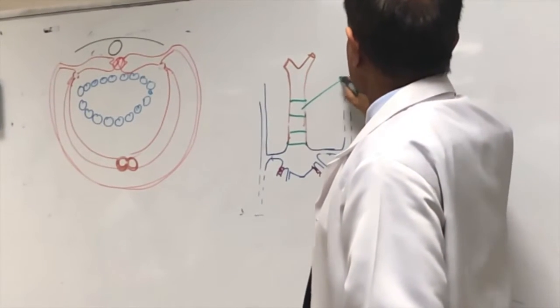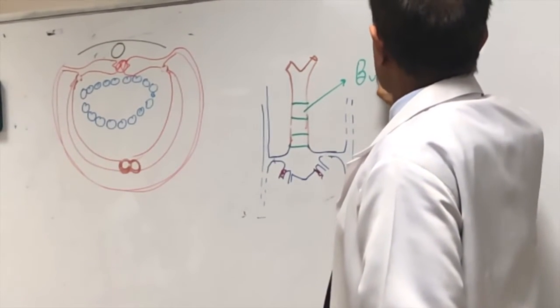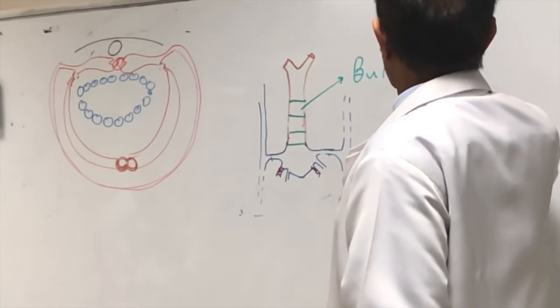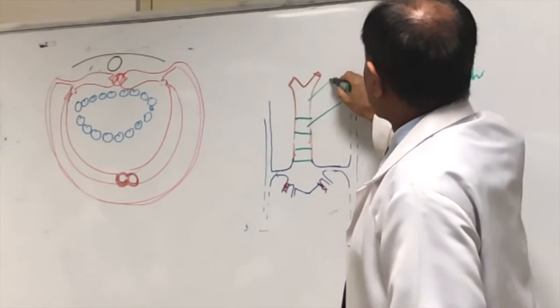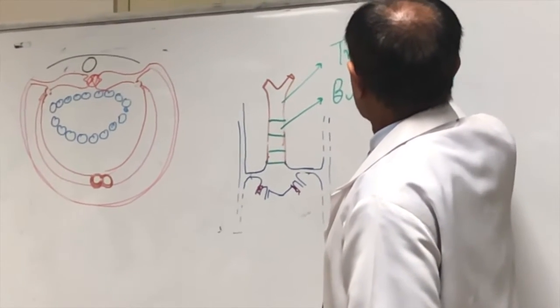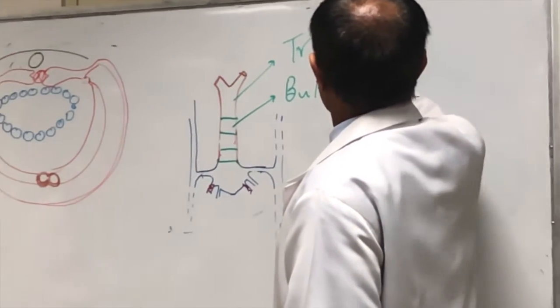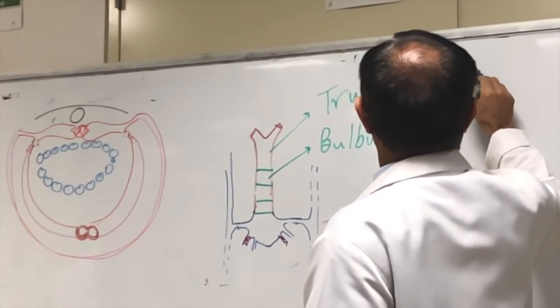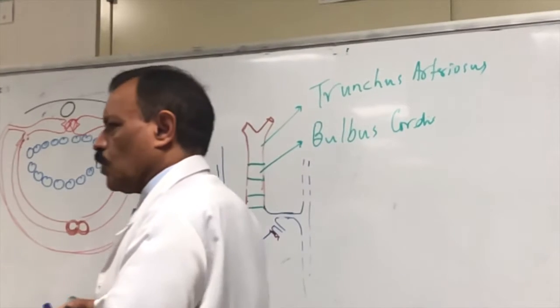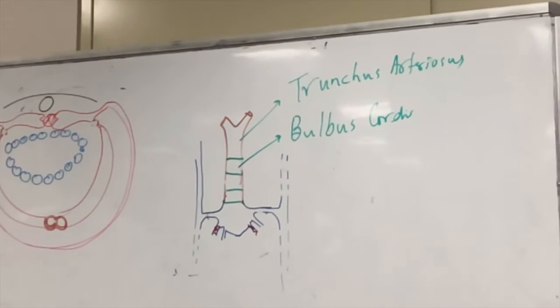This is called bulbus cordis. And the last part is called truncus arteriosus. I will explain that. It's not a big thing. So what I have done over here, now I complete the heart tube.